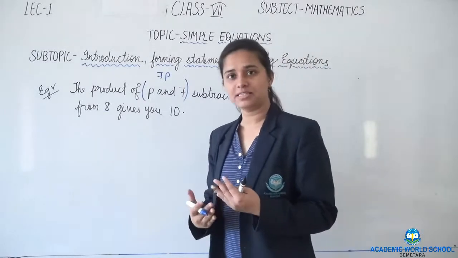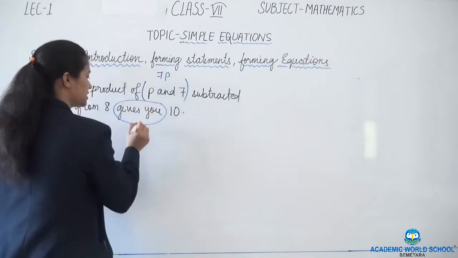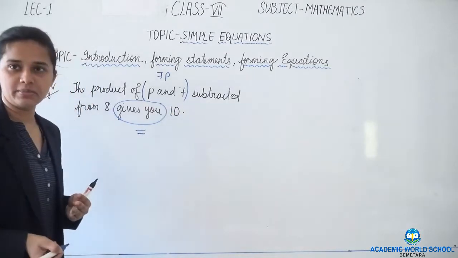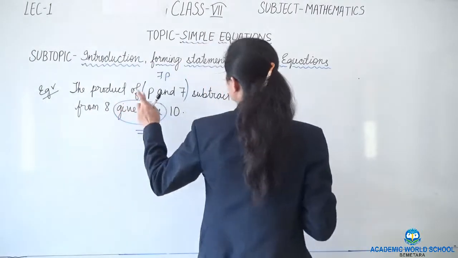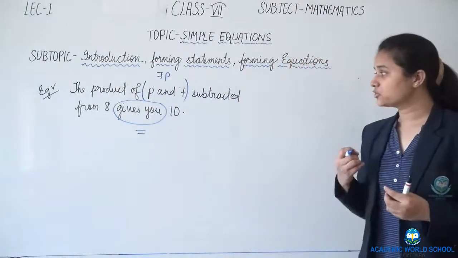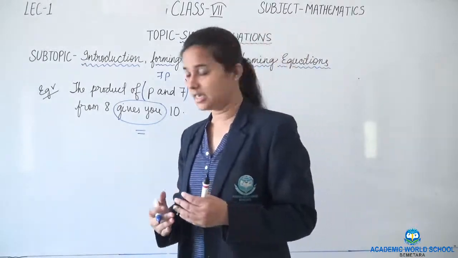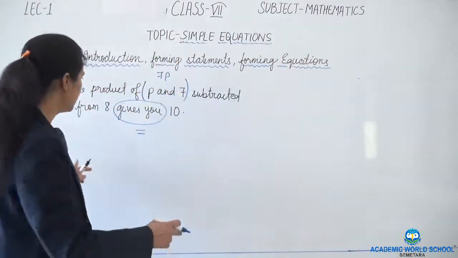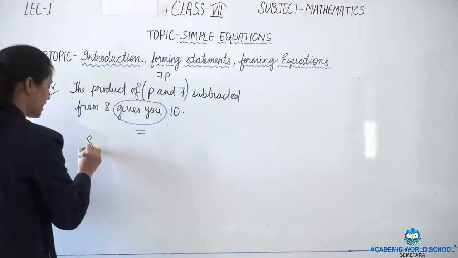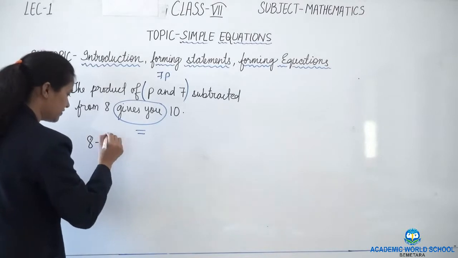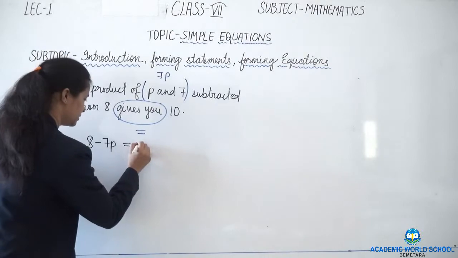So 8 minus 7p gives you, gives you here means equal to 10. So the product of p into 7, that is 7p, subtracted from 8 gives you 10. 8 minus 7p gives you 10.